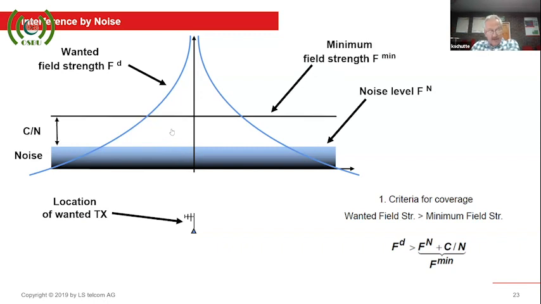So, as we've said, you want a certain C over I to receive a certain defined signal, because that C over I will ensure that you can, say, receive a QPSK signal with so much forward error correction and so many carriers.